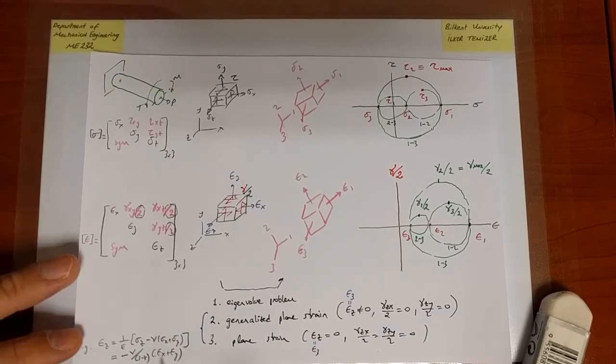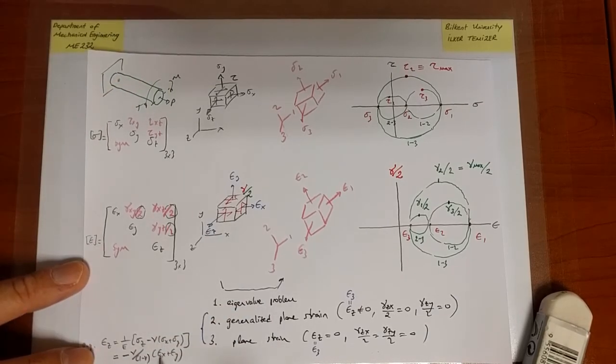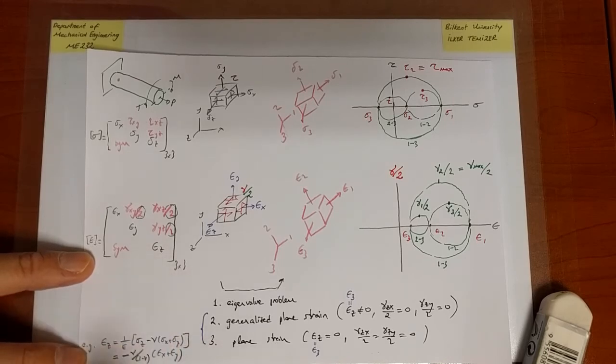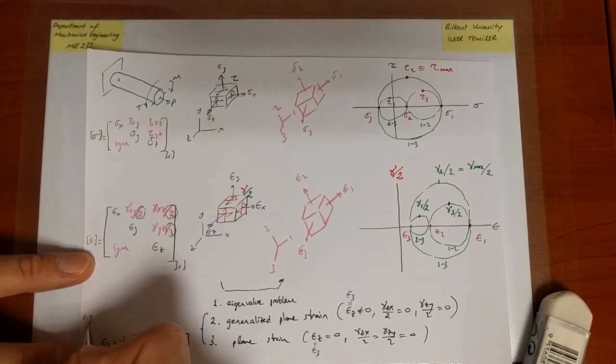So if you have a state of plane stress, then you will have normal strains, and those normal strains can help you calculate what the third strain is. It's not a state of plane strain, it's a state of generalized plane strain. And alternatively, you can easily show what the corresponding stress is going to be.